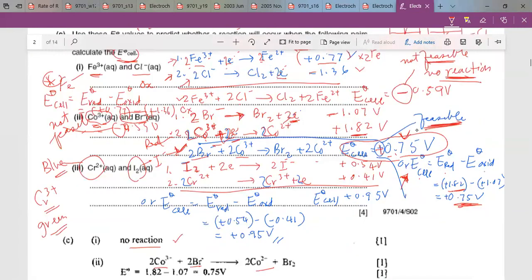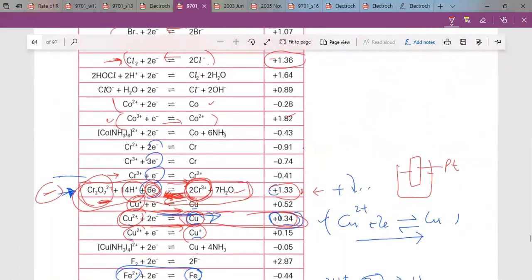Okay, so I put the equation down here, number 1. Put the obvious reaction first. Of course, this is reduction. So chromium 2 plus must undergo oxidation. So Cr2 plus goes to Cr3 plus. Of course, it can go to 4 plus and 5 plus, but it's very difficult. So this one here, towards the 3 plus, is there an electrode potential? Of course there is, otherwise they won't ask you.